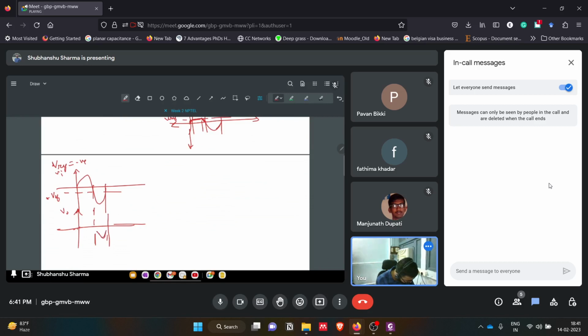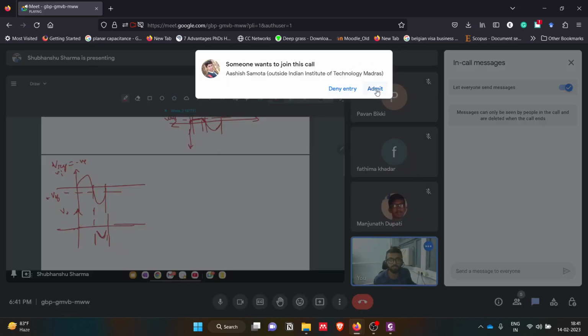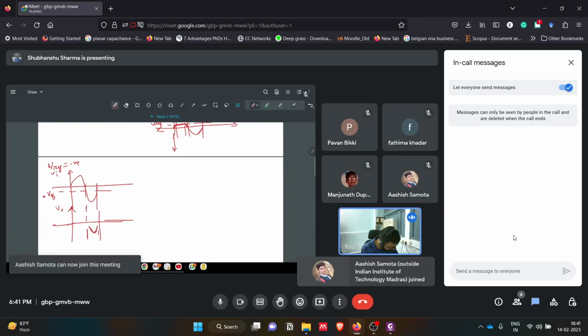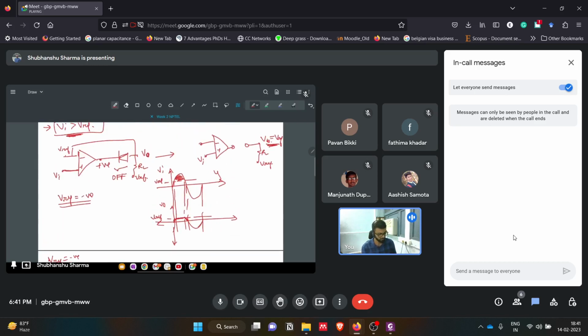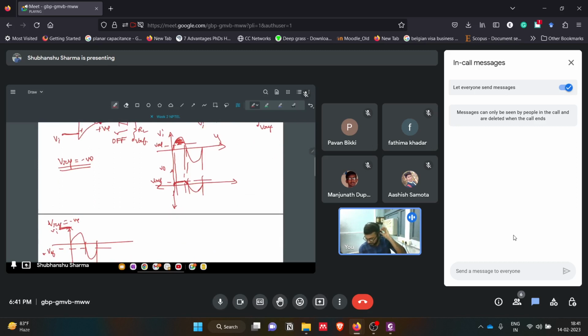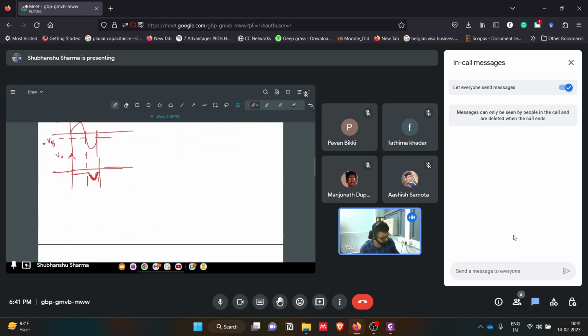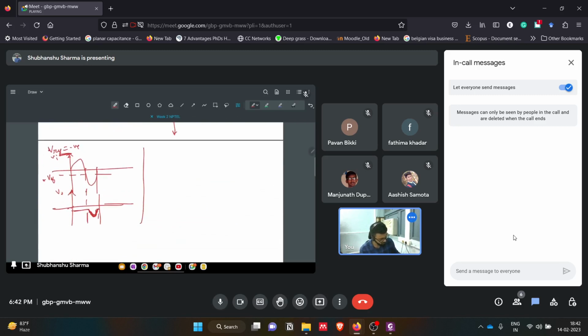All the positive side of this will get clipped off. So this is the output of a positive clipper when we have a negative V reference. Then we have the negative clipper also. For the negative clipper, we will just change the diode position.